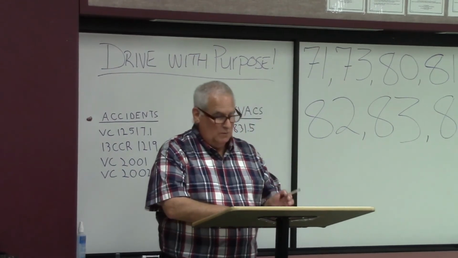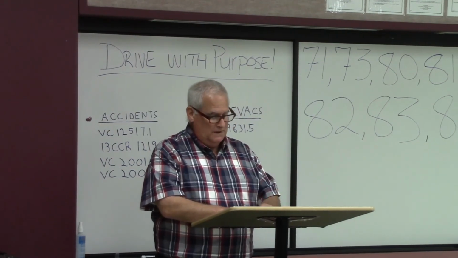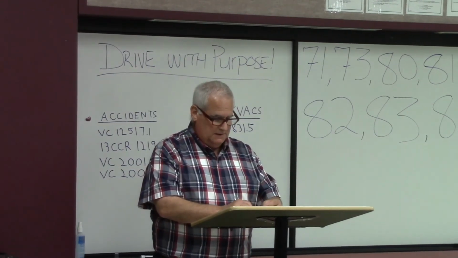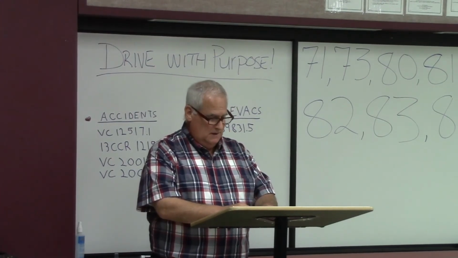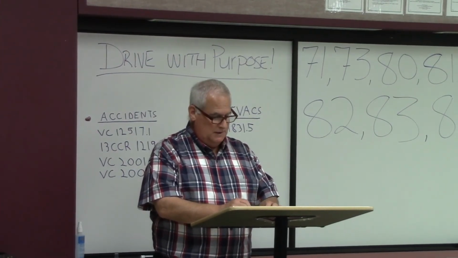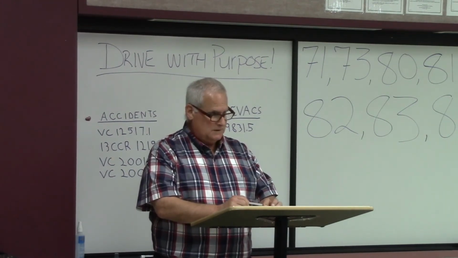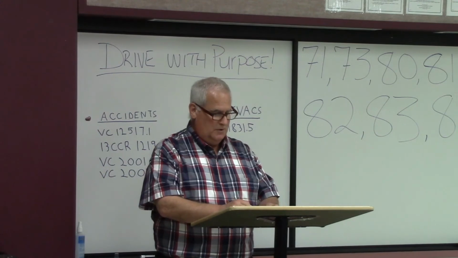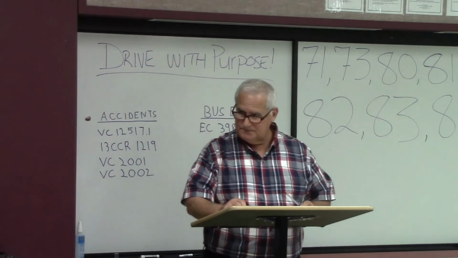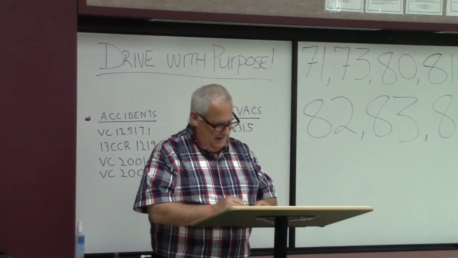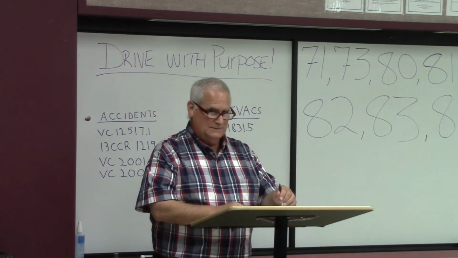It says a school bus accident means any of the following: a motor vehicle accident resulting in property damage in excess of $1,000 or personal injury on public or private property, and involving a school bus, youth bus, school pupil activity bus, or GPPV, and when you're transporting a pupil.